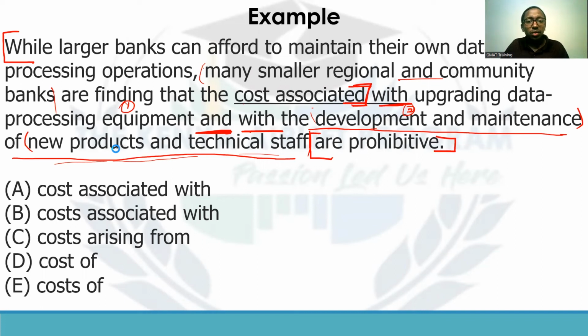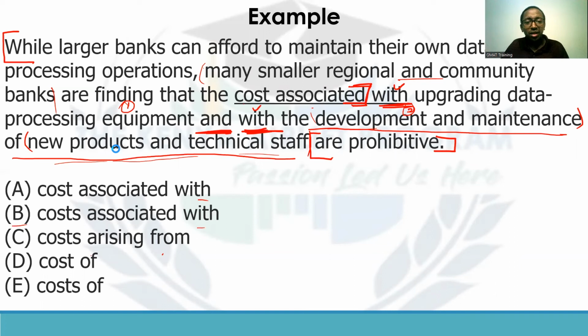So for our option A, you can see that you have a "with" there and a "with" there, which is okay. So A and B are okay, parallelism wise. Then if you look at C, cost arising from upgrading data processing equipment and with.